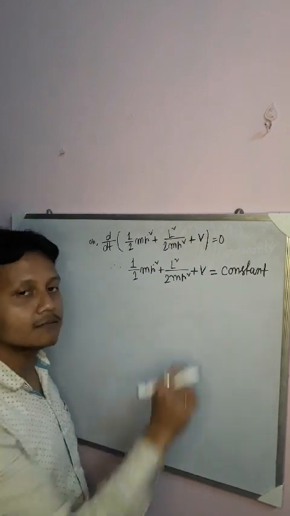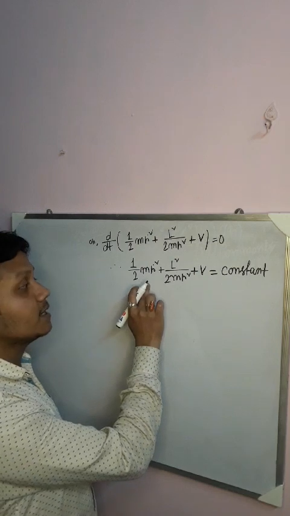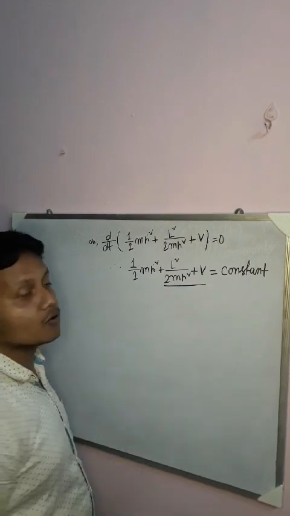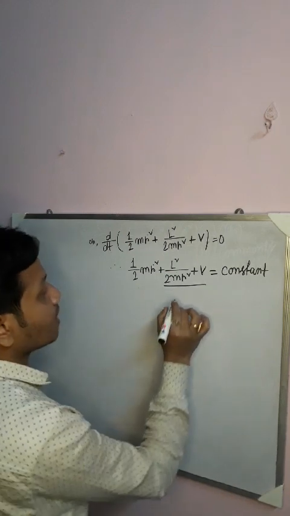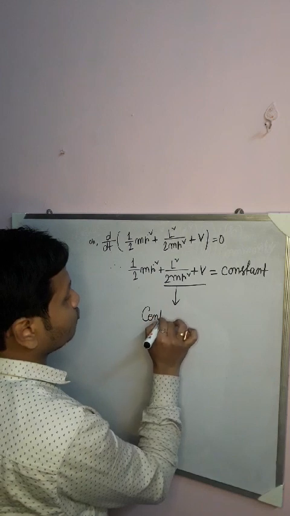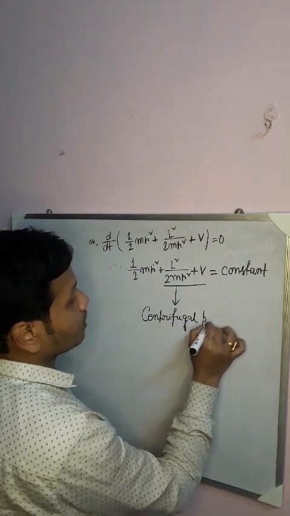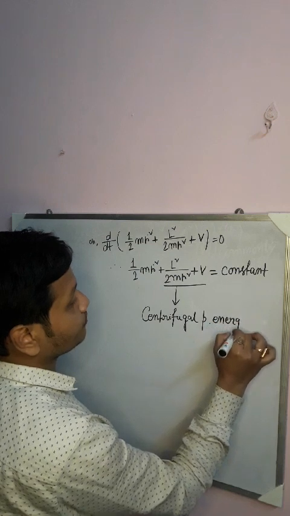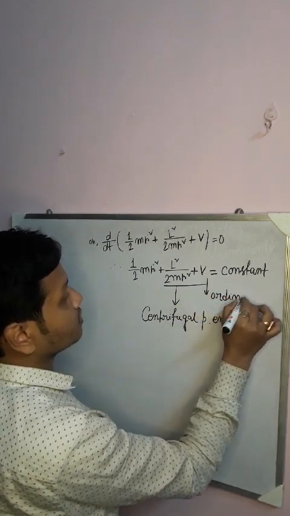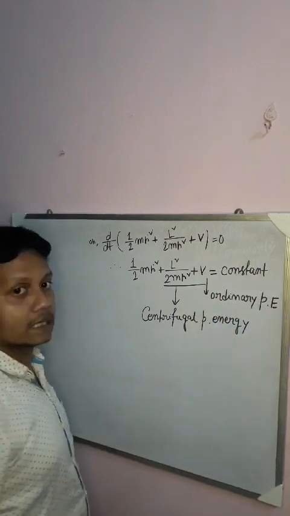This term is nothing but the total energy, because this is kinetic energy and this is potential energy. So the potential energy consists of two terms. This term L square by 2 m r square is known as centrifugal potential energy, and this V is known as ordinary potential energy.